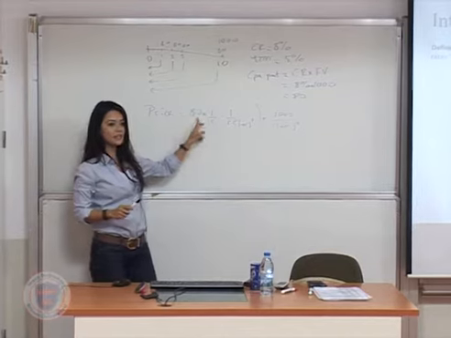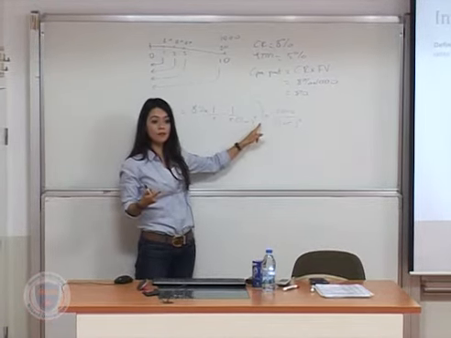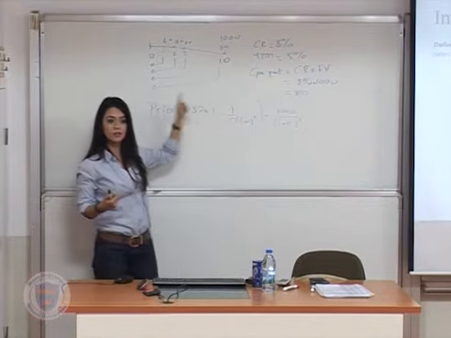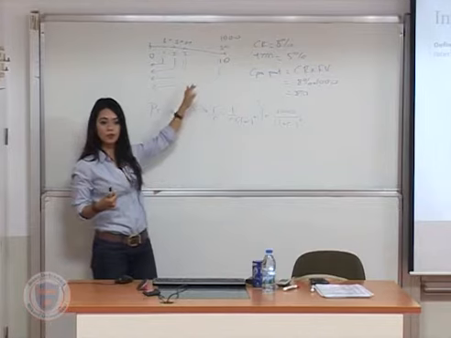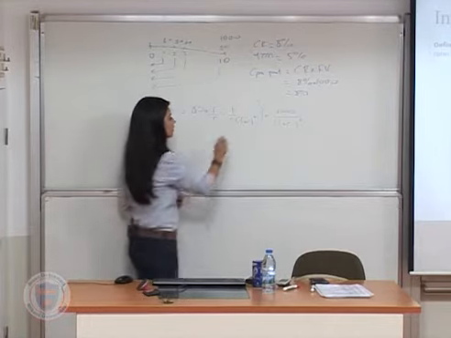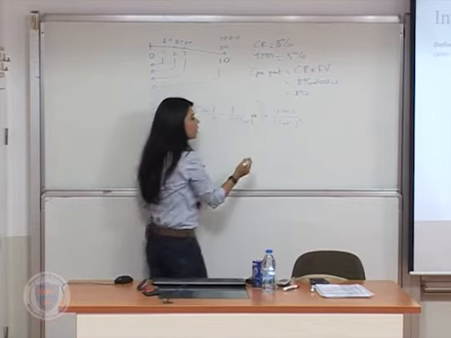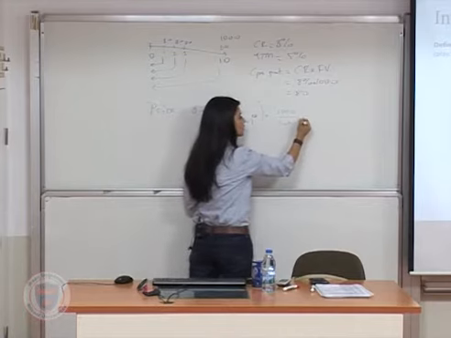You have $80 payments. T is number of payments. How many payments do you have for this bond? 10. You have 10 payments, so this should be 10. And at the 10th year, you're going to get 1,000, so this is also 10.